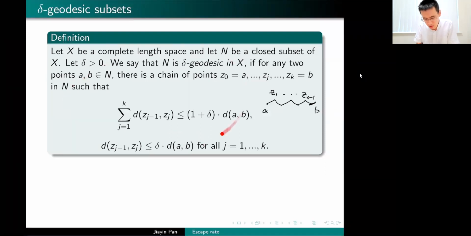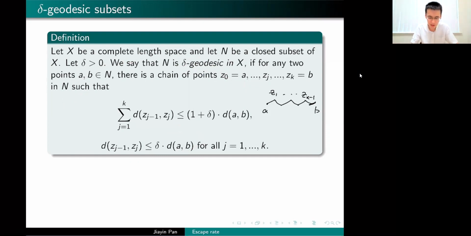The definition is written in this way so that being delta-geodesic is scaling invariant. If you apply a scaling, a delta-geodesic set is still delta-geodesic, because inside the definition you always have this distance on both sides.